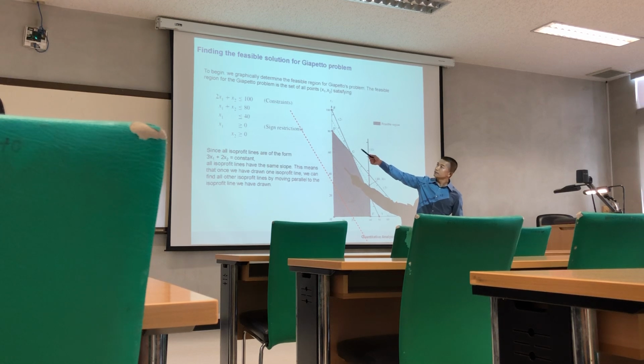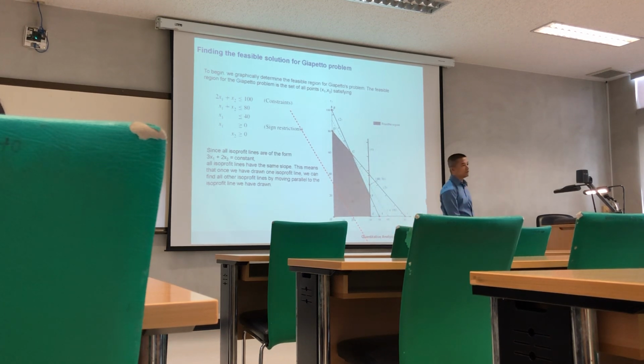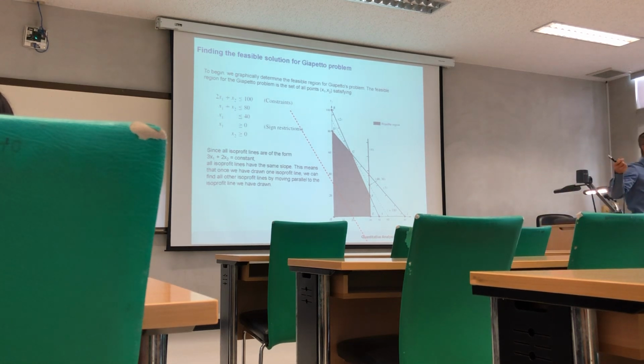For constraint number 2, 20 plus 20 is 40, which is less than 80. And x1 of 20 is less than 40. So any point in this area will satisfy all constraints.